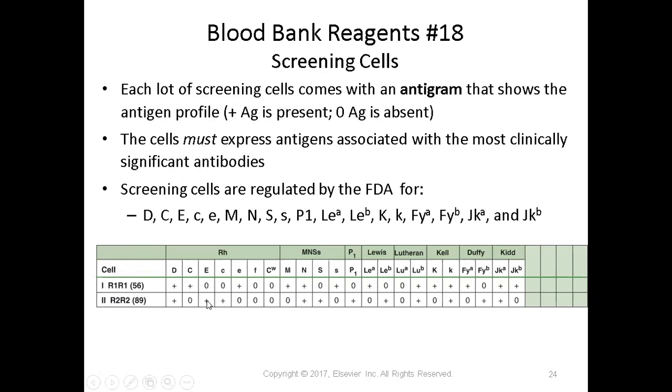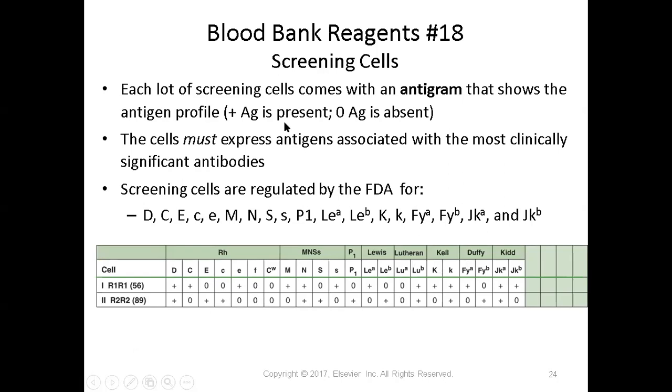It has big E, whereas screening cell 1 did not. We want this varying antigen representation so that when our patient reacts with one of these cells, we can figure out what their antibody might be directed against.